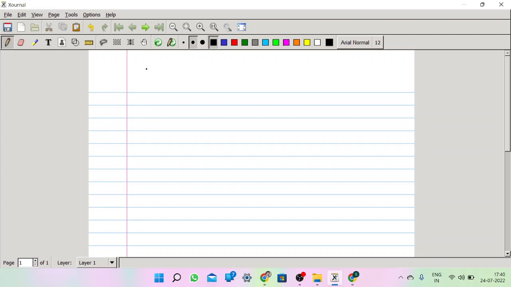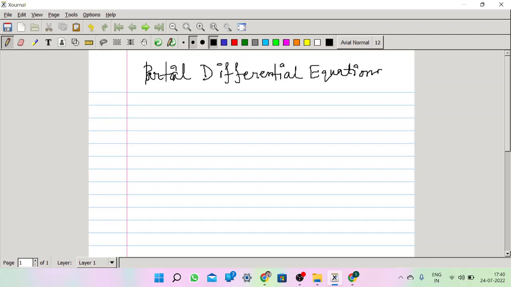So today I will do problems from partial differential equation. Let me first write the name of the course and course ID. The name of the course is partial differential equation, and course ID is.